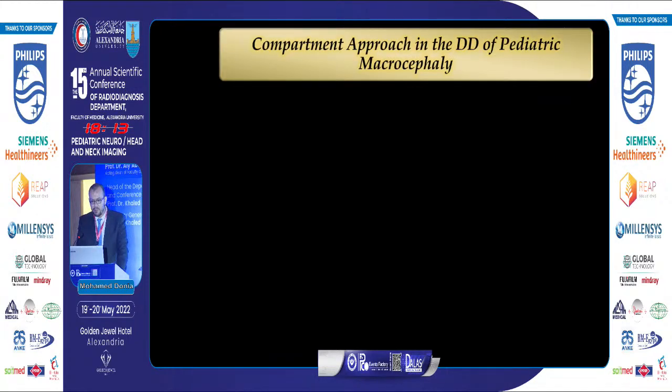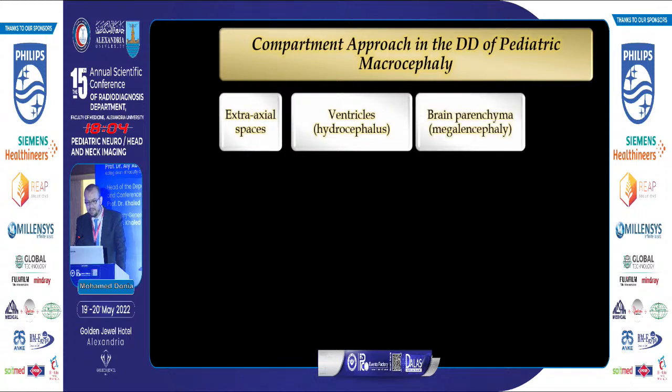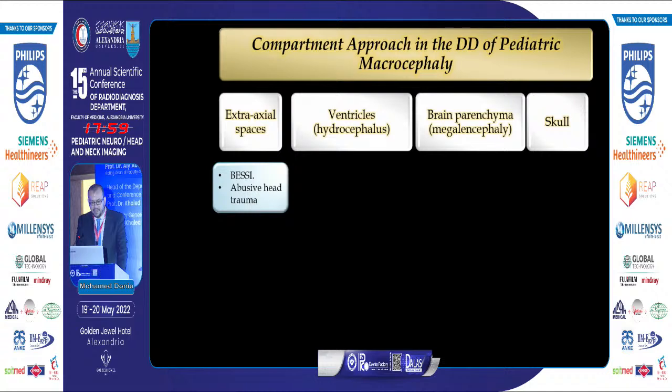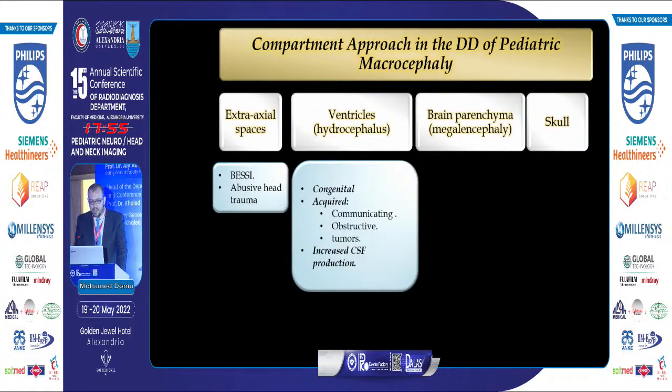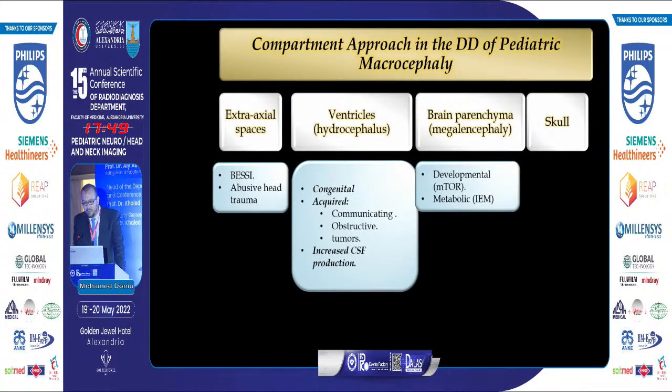The compartment approach in the differential diagnosis of pediatric macrocephaly is divided into causes in extraaxial spaces, ventricles, brain parenchyma, and the skull. The extraaxial spaces may be due to benign enlargement of subarachnoid spaces or abusive head trauma, the ventricle or hydrocephalus, whether congenital, acquired, or increased CSF production, brain parenchyma or megalencephaly, developmental or metabolic, with skull macrocephaly may be due to skeletal dysplasias or thalassemias.